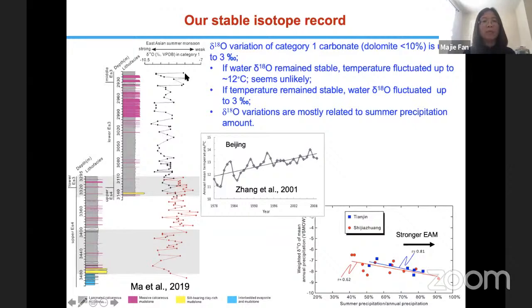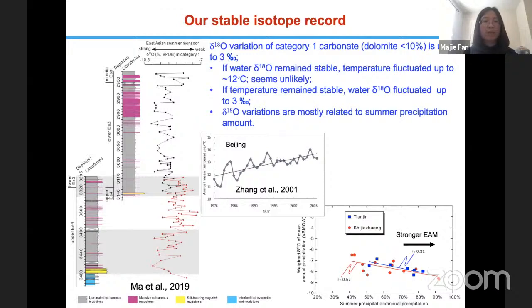Okay, this seems very unlikely, given that the yearly temperature variation today in Beijing is roughly only 2 or 3 degrees Celsius. So temperature likely played a role in the variation of the delta O18 value, but it shouldn't be the dominant cause of the variation of the carbonate delta O18 value.